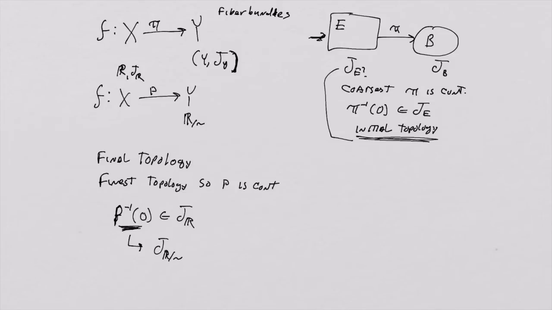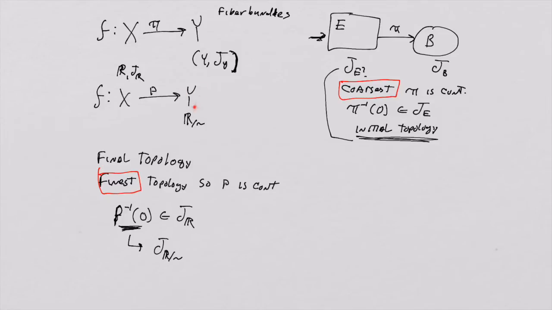Now, one part of the final topology that always confused me was this word here, finest topology. What's interesting is how coarse and fine work, because this was the coarsest topology in the initial case. So in the final case, you go to the finest topology. And it kind of stands to reason, when you think carefully about it, why that would be the case.